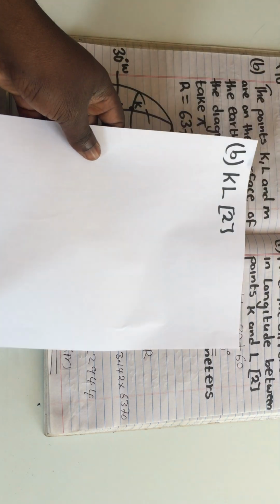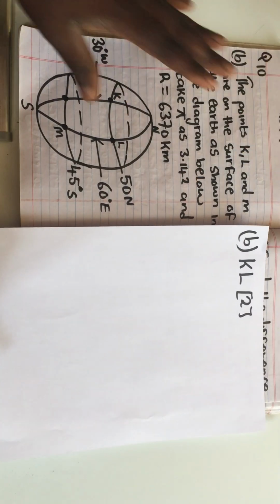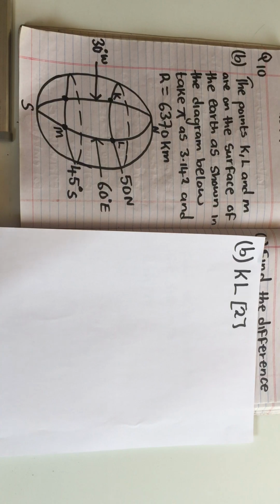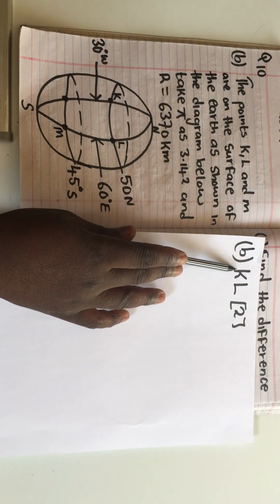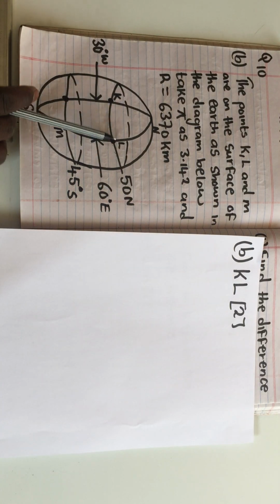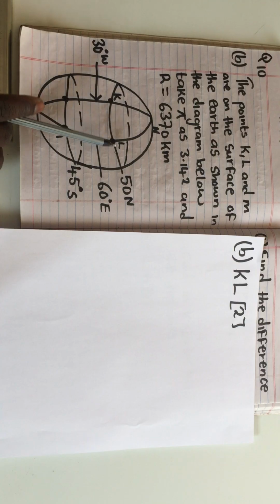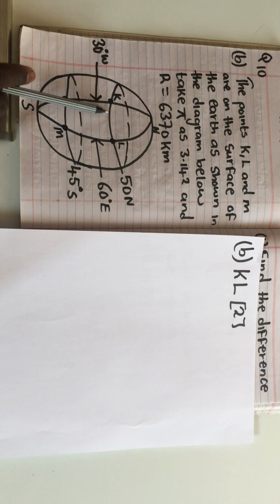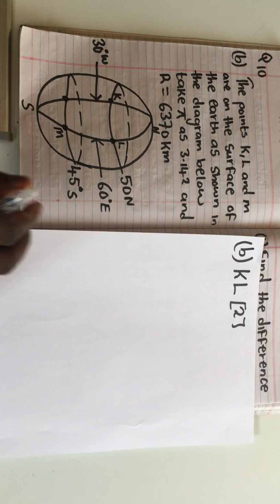We come to the last one, which is KL. Find the distance in kilometers KL, meaning this distance. They want you to find this distance, KL. And this is distance along latitude. Distance along latitude, there is cos at the end.